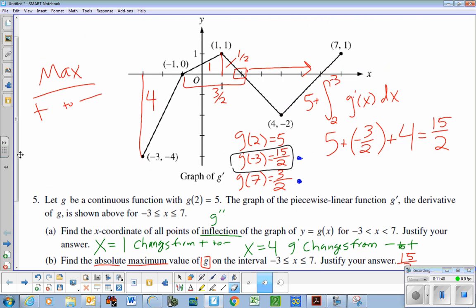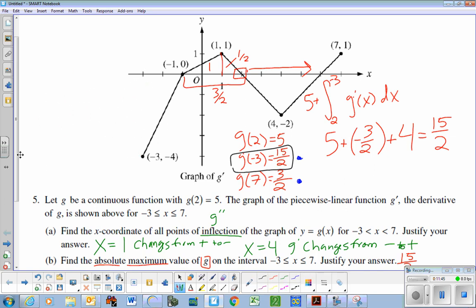So you're going to have g of 7 minus g of negative 3 divided by 7 minus negative 3. So we know this is going to be 10 already. And we look at what we have up over here that we found in B, and g of 7 is 3 halves minus 15 halves.